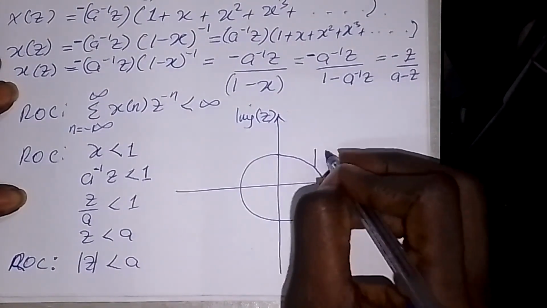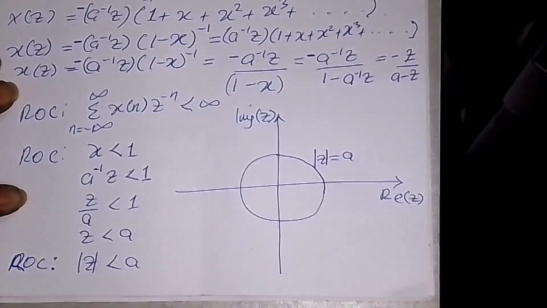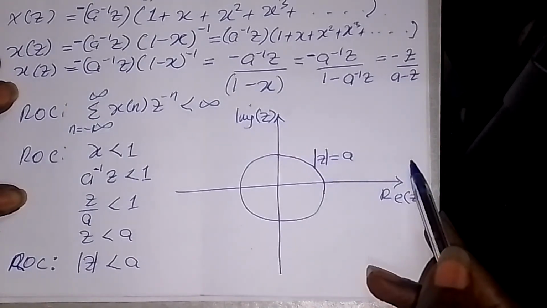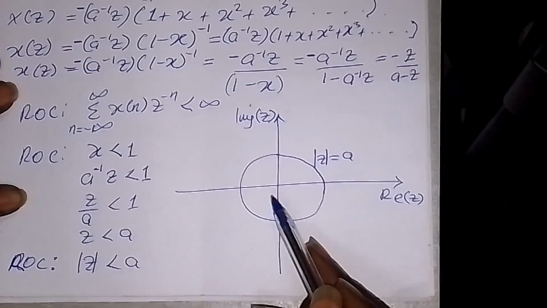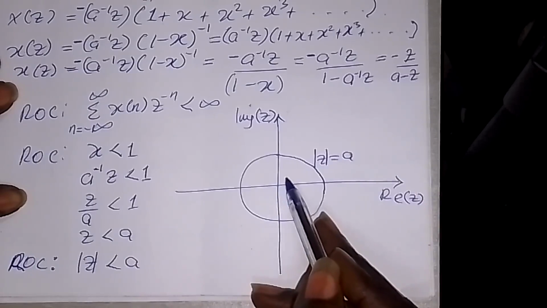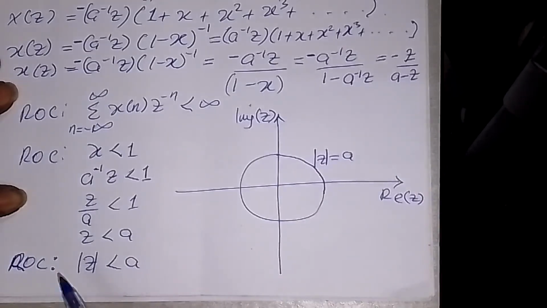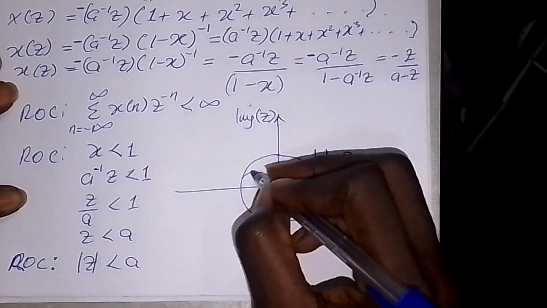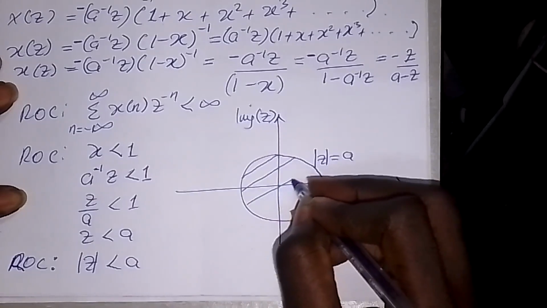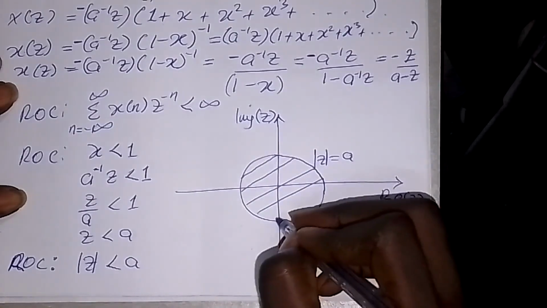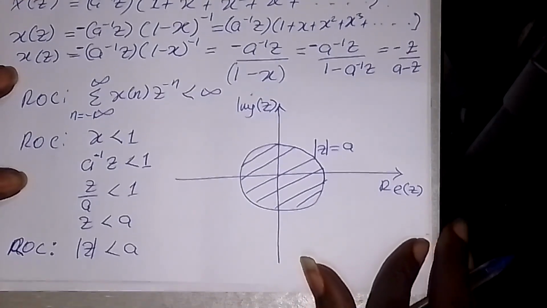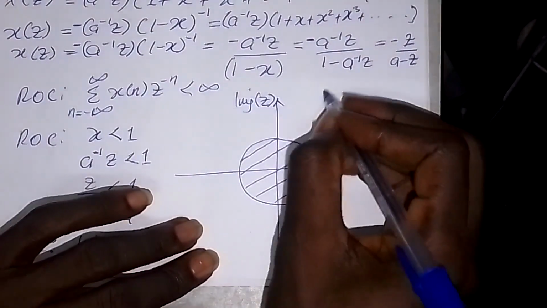Outside the circle, mod z is greater than a. Inside the circle, mod z is less than a. So the region inside the circle becomes my ROC.